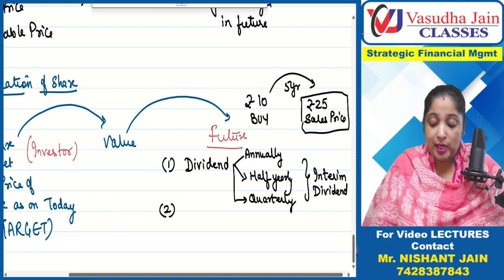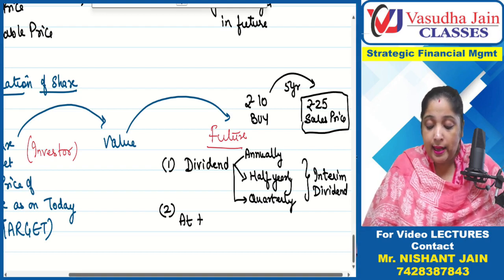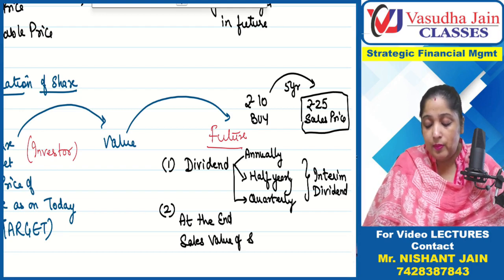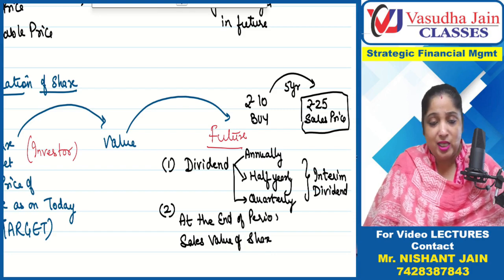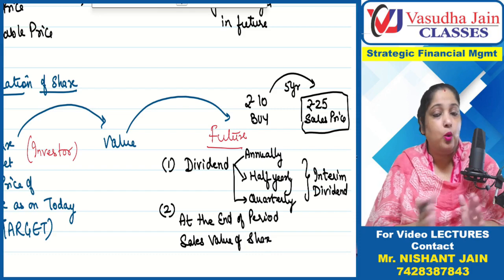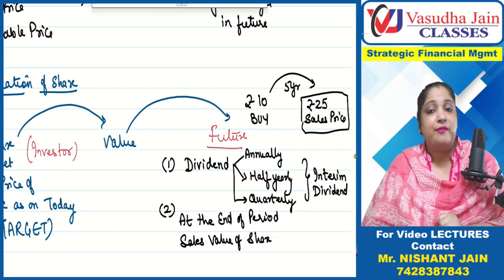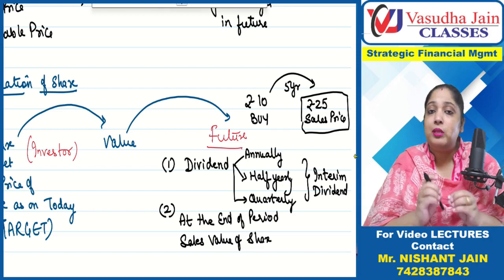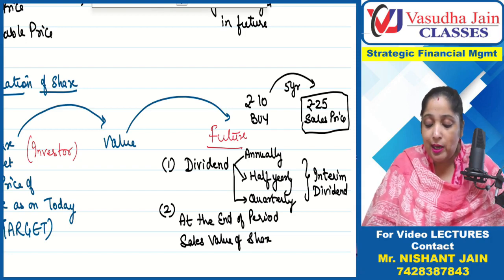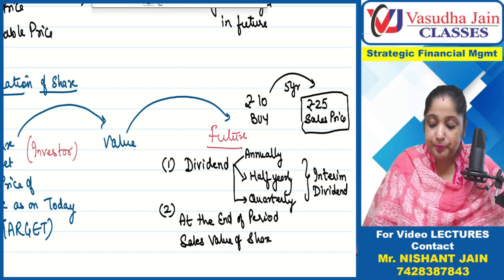So at the end you are going to get the sales value. After your investment period, when you want to get out of this investment, you will sell your share and realize the share price. So the sales value of the share.